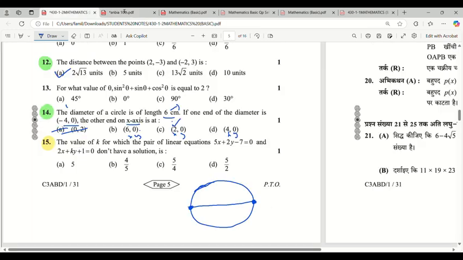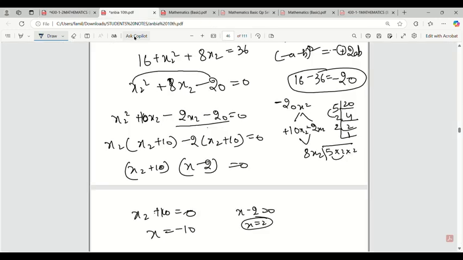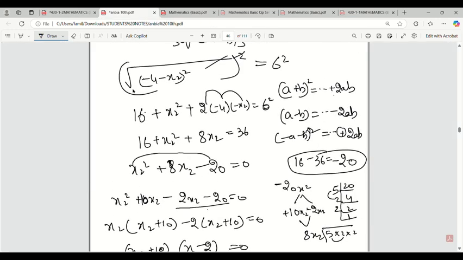And the other method which I was talking about was, after getting this equation, what you can do is substitute the values.